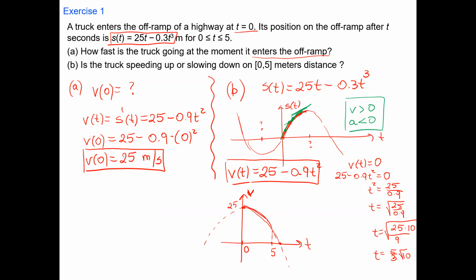Even so, we can still analyze. This is the velocity. The velocity is above the x-axis between 0 and 5, so it is positive. Looking at the rate of change of the velocity, I can draw a tangent, but now we have to be careful, it's a different graph.